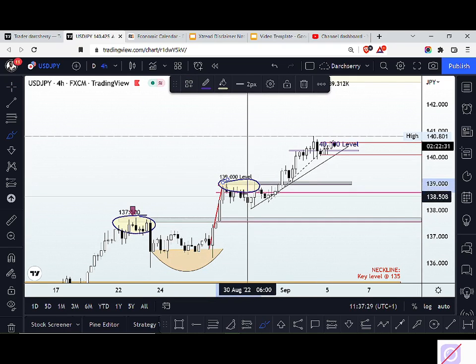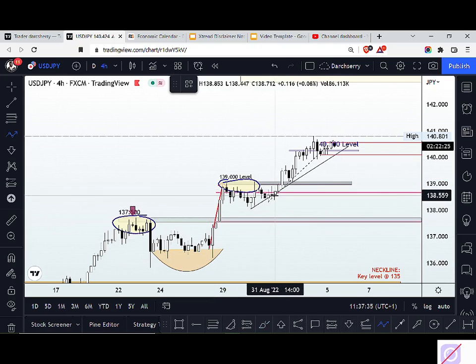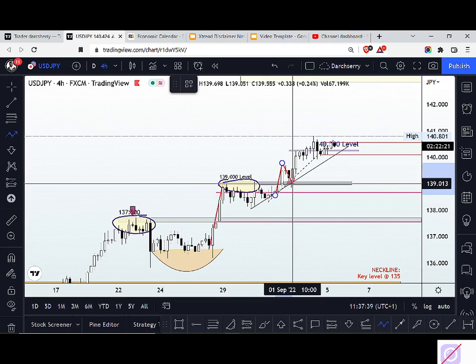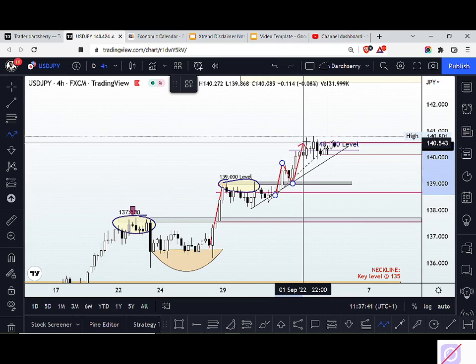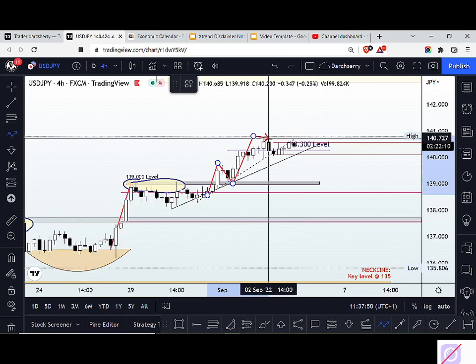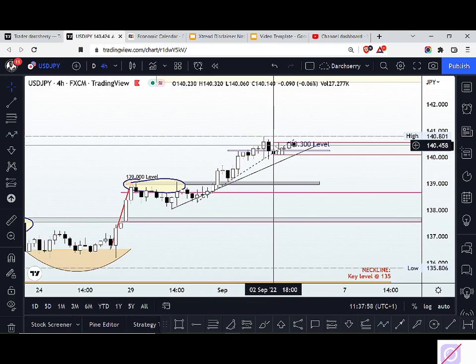We saw multiple attempts, but this was met with stiff resistance by the buyers as well, as we saw price break out of that structure during the later part of last trading session, and did a retest of that structure to push price as far as the 140.800 area. One thing we observed since price tested this level was that we've been seeing multiple rejections again as we head into this week.